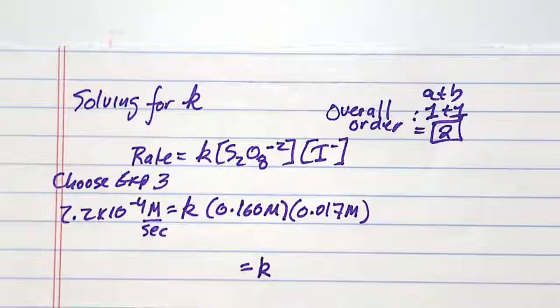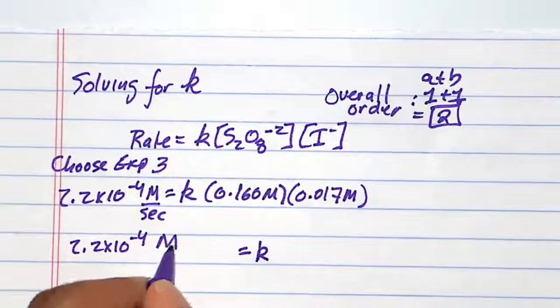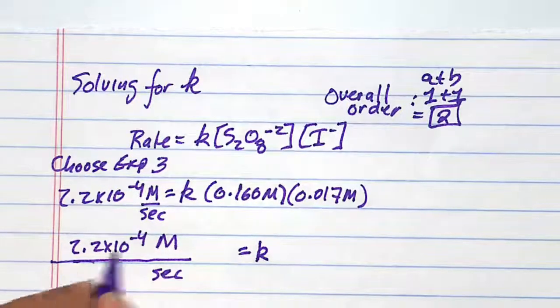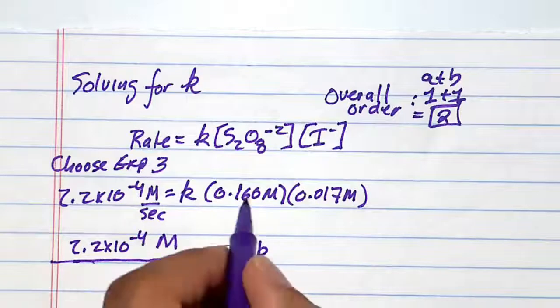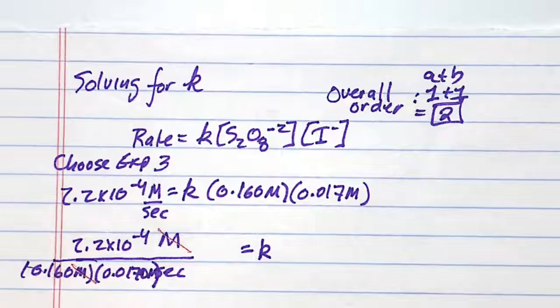Be very cognizant of your units. 2.2 times 10 to the minus 4 molarity over second is going to be divided by this product, 0.160 molar times 0.017 molar. And molar cancels out here.